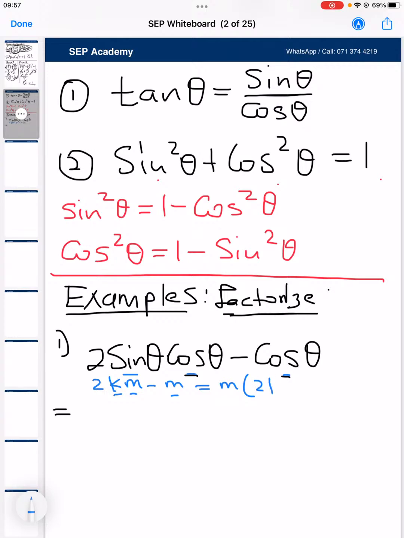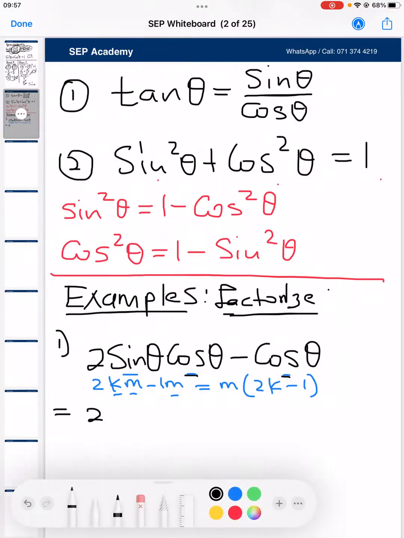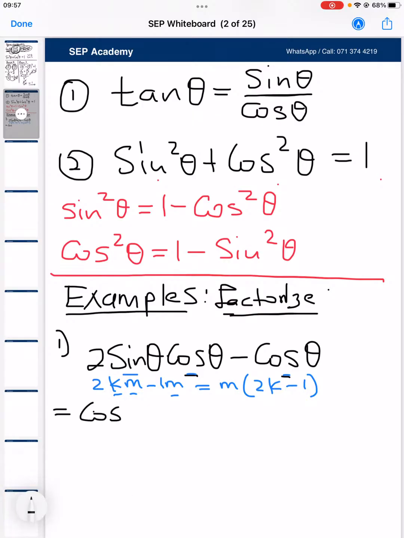What you remain with is 2k minus 1, being that invisible one there. That's it. But in this case, you are dealing with the trig ratios. Then in the end, you take out the cos of an angle as a common factor. Then you remain with 2 sine of an angle minus 1. That's it. Nothing complicated there, honorable member.